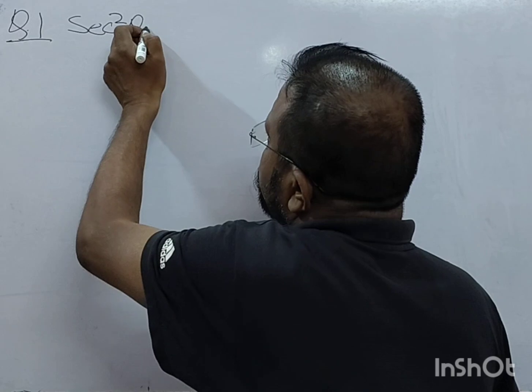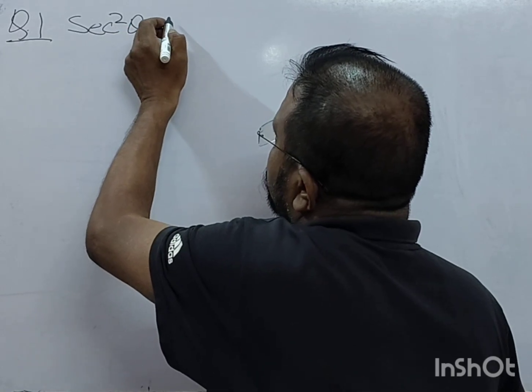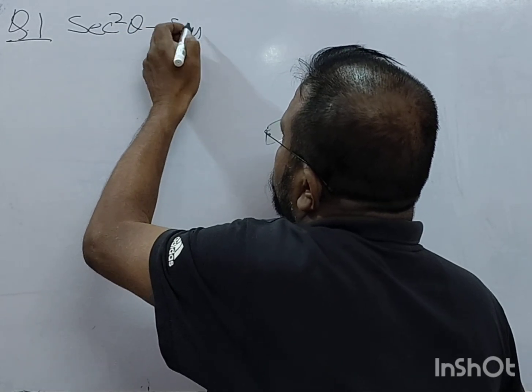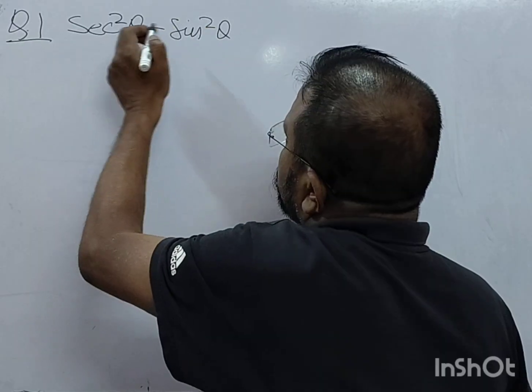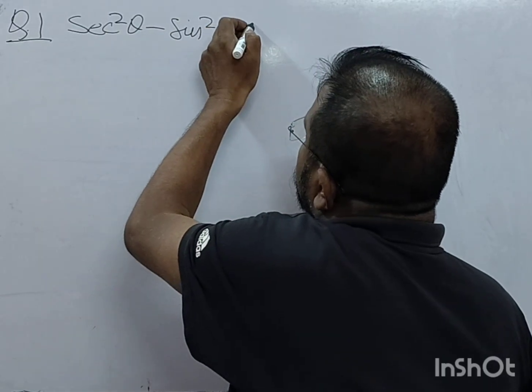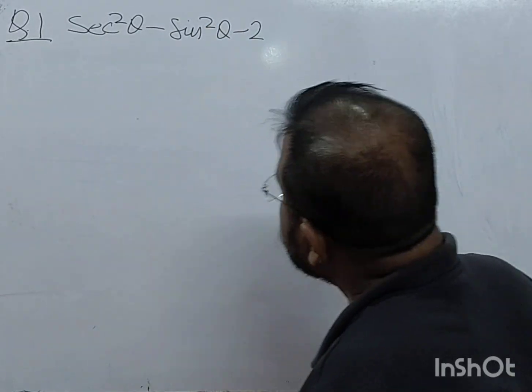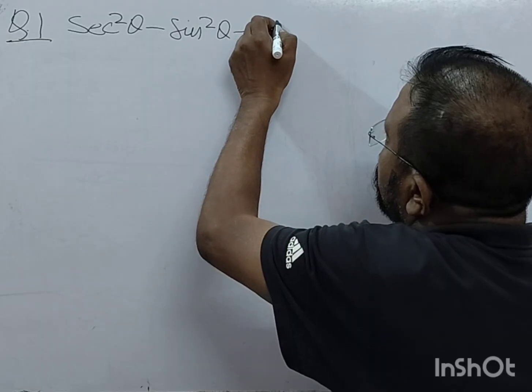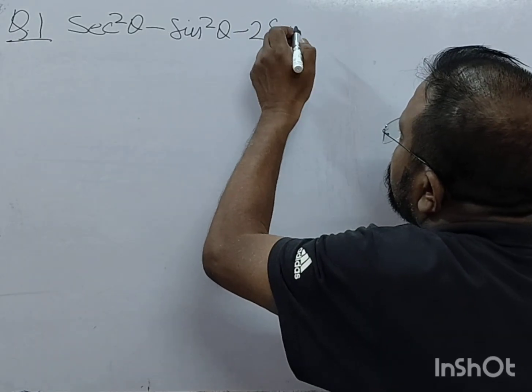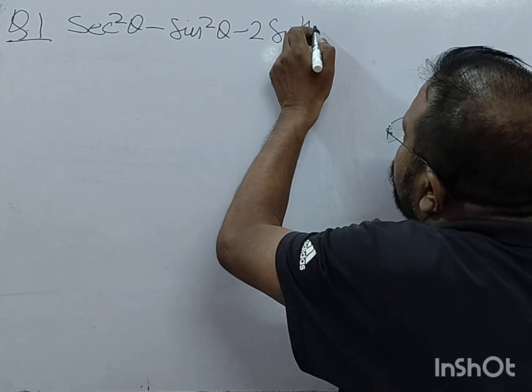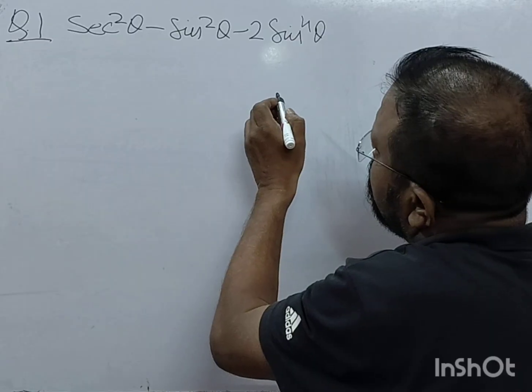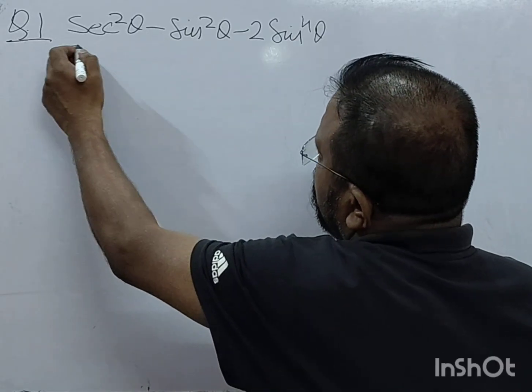Minus sin square theta, minus 2 sin raised to the power 4 theta, upon sin square theta.